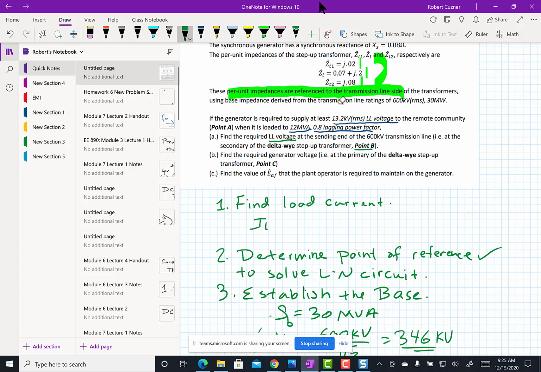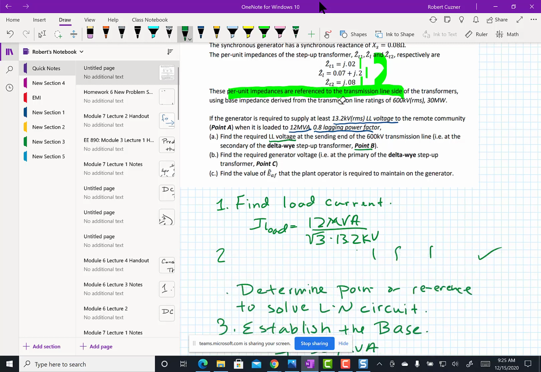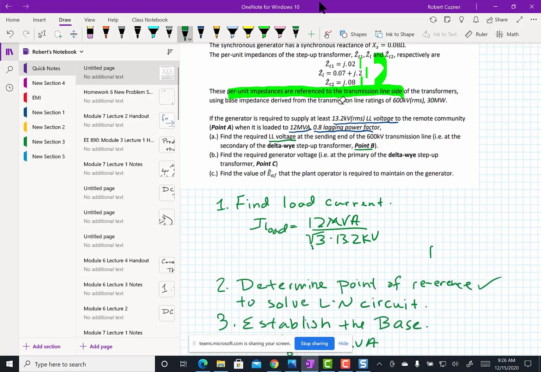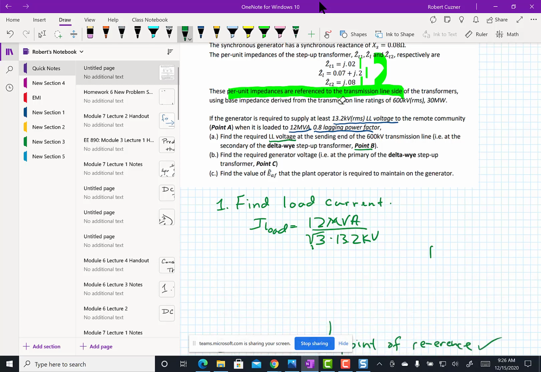So the load current is, the power of the load was 12 MVA. The line-to-line voltage is 13.2 kV. Okay, so we can find the load current.